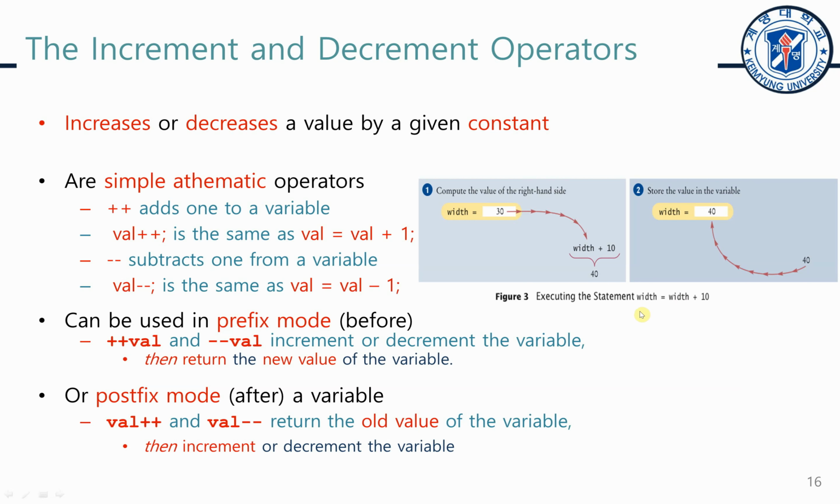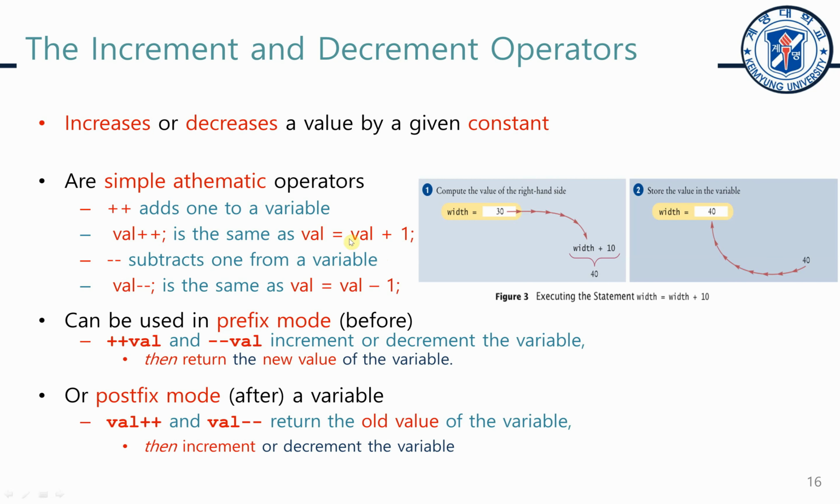Suppose you have a statement which says width equals width plus 10. In this case, let's first assume width is equal to 30. What we are actually trying to do is not assign the value of width plus 10 right away. We first compute the value on the right hand side.